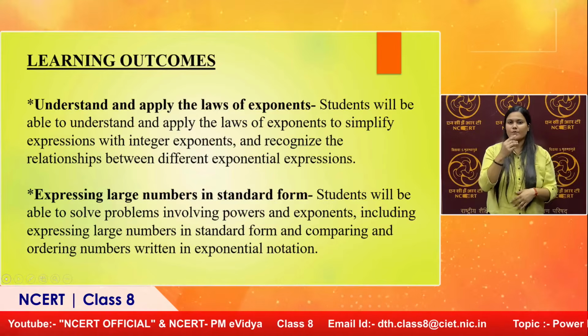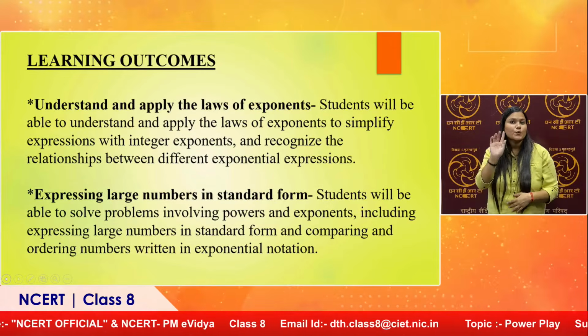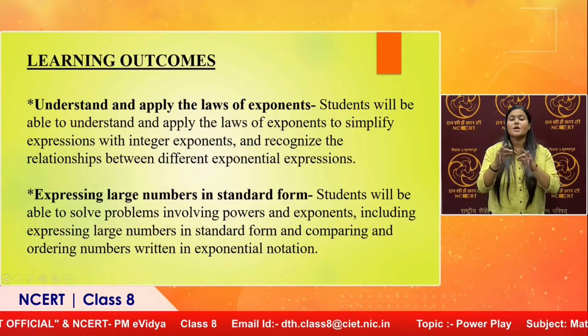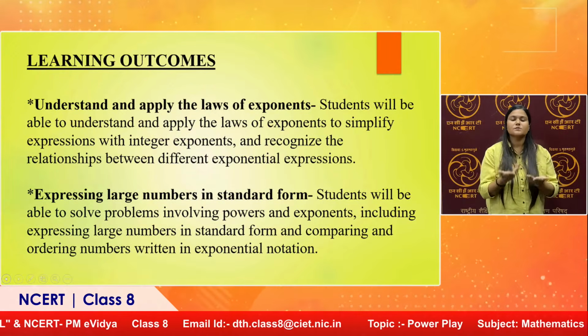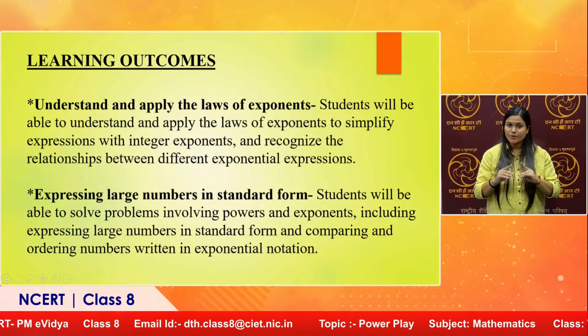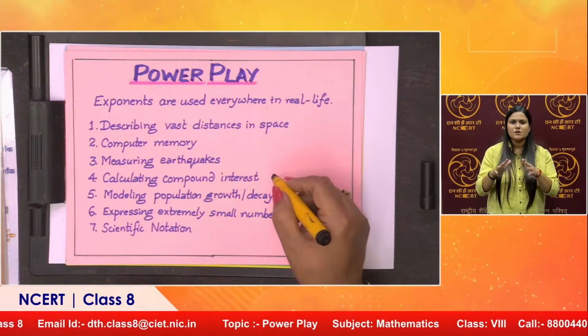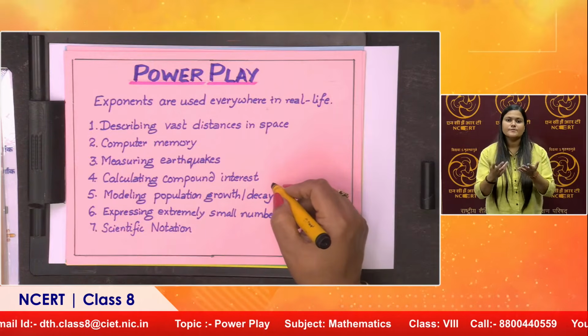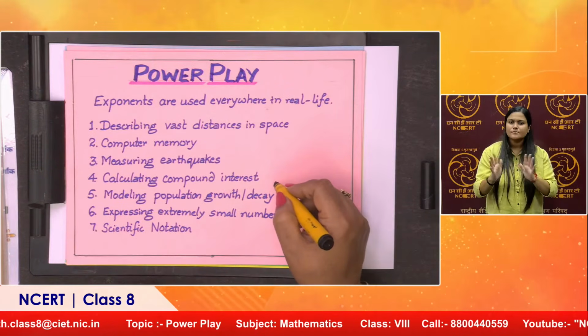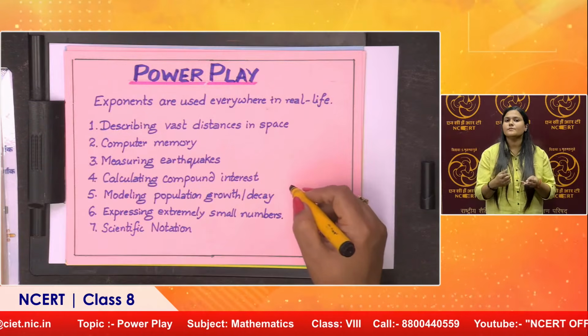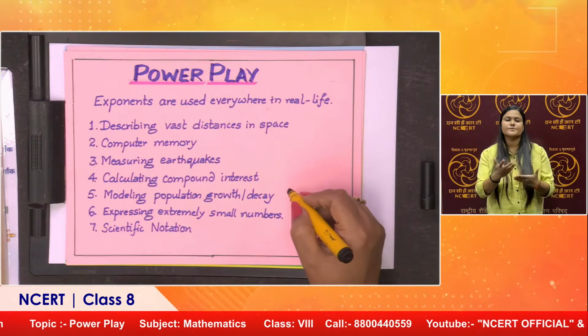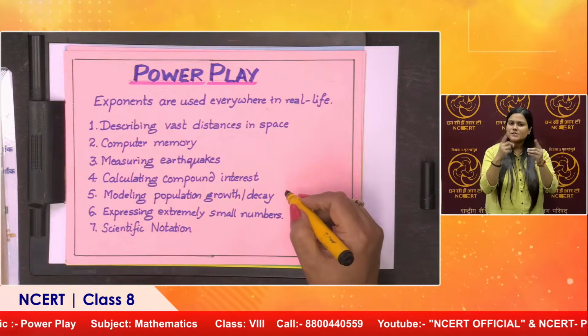Which fields require this? Describing vast distances in space, then computer memory, then measuring earthquakes. We also have calculations for compound interest, modeling population growth or decay, and expressing extremely small numbers like growth of microbes.